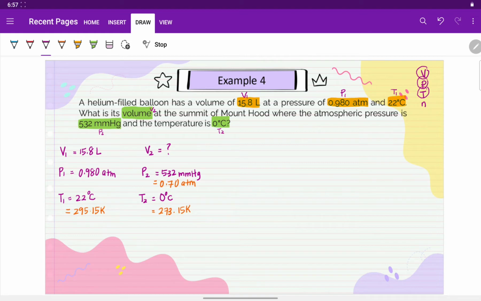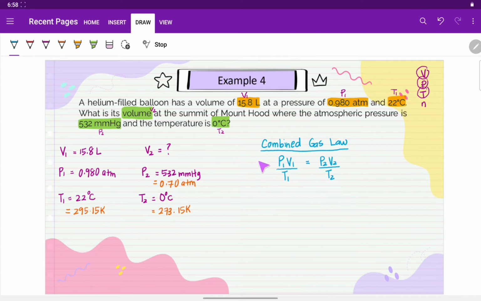Jadi awak check balik, which gas law correspond to the change of variable of volume, pressure and temperature. So kalau awak check semula, dia adalah kita punya combined gas law. Jadi kita tulis dulu equation untuk combined gas law. So this is our equation, which is P1 V1 over T1 equals to P2 V2 over T2.